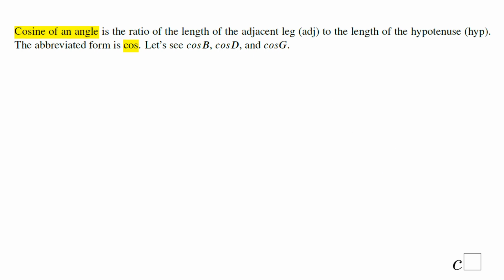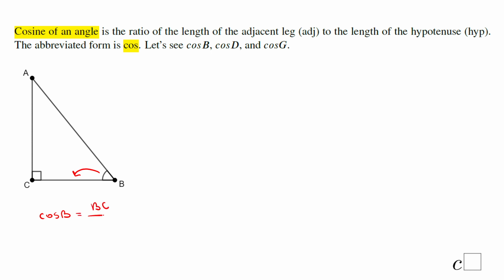The next trigonometric ratio is cosine, which is nothing else than the ratio of the adjacent leg and the hypotenuse. So let's take a look. The same triangle, cosine of B now. That will be the adjacent leg, BC, over the hypotenuse, AB.